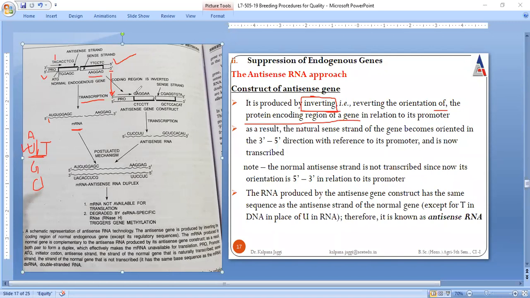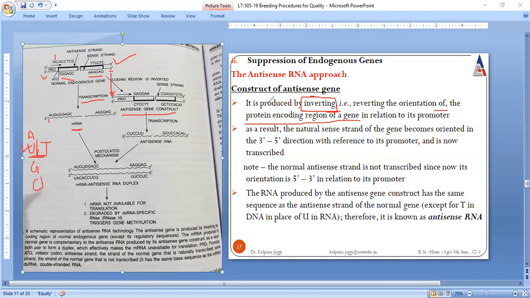That means here very first will come G, then A, then again G, A. And similarly for this one, we have C, then G, then A, then G, then G, then T, and then GTA, and the end is closed by labeling it as 5'. Similarly this sequence will come. This is the antisense gene construct, right?